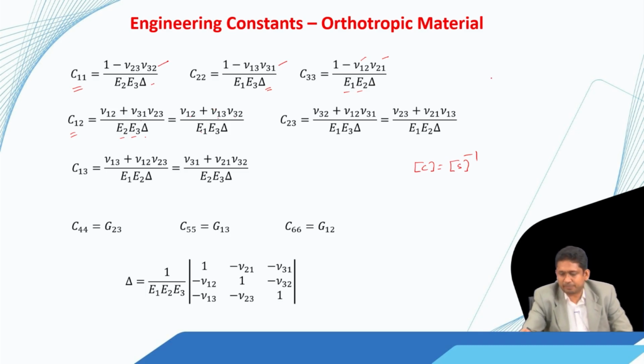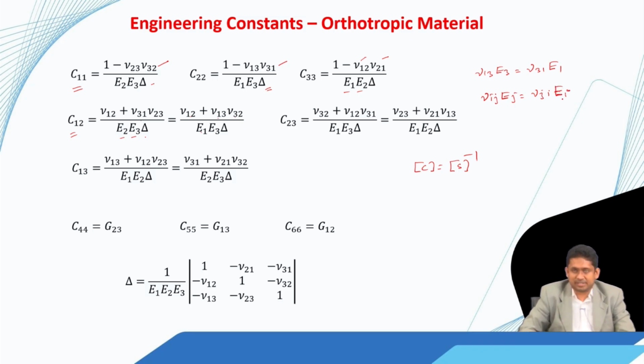The relation is nu13 E3 = nu31 E1, or we can generalize this to nu_ij E_j = nu_ji E_i. This we will discuss in more detail after some time.